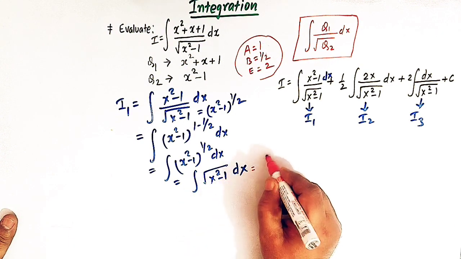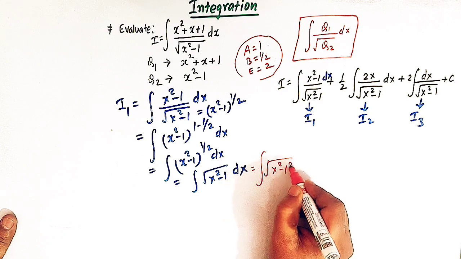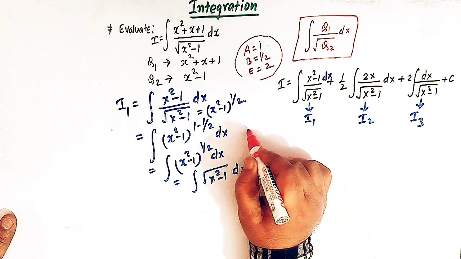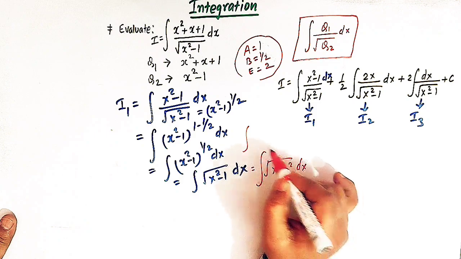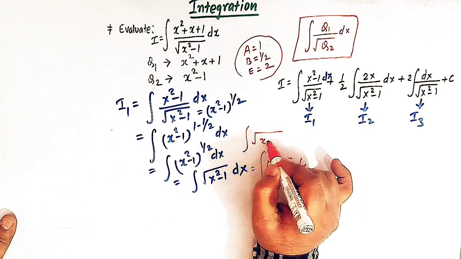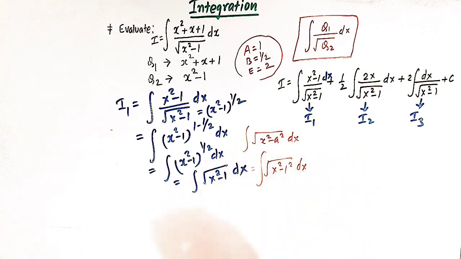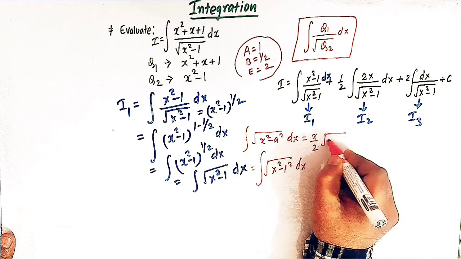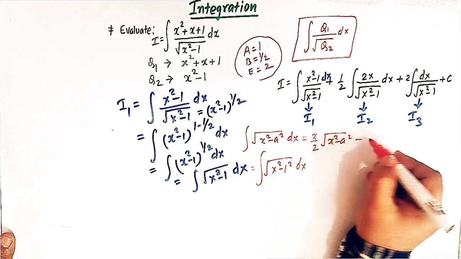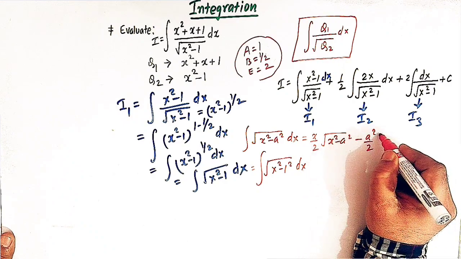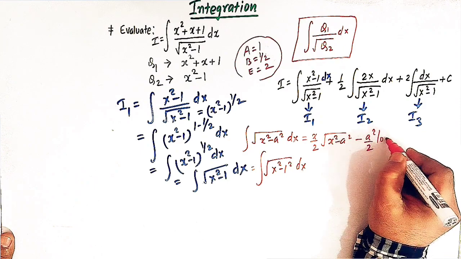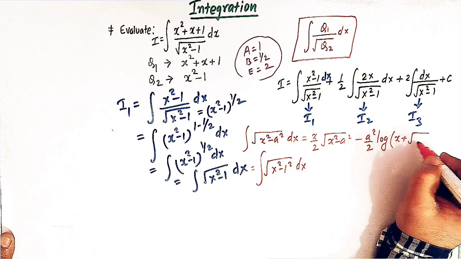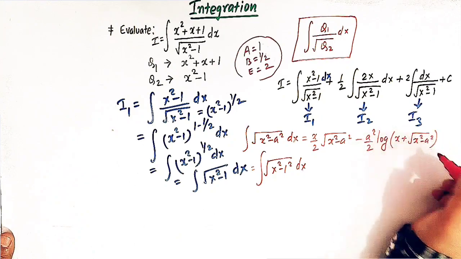So now this integral is of the form √(x² − a²) dx, and here we can apply a standard result. The integral of √(x² − a²) dx is equal to x over 2 times √(x² − a²), then minus a²/2, and here we have a term containing the natural log: log of x plus √(x² − a²), right?